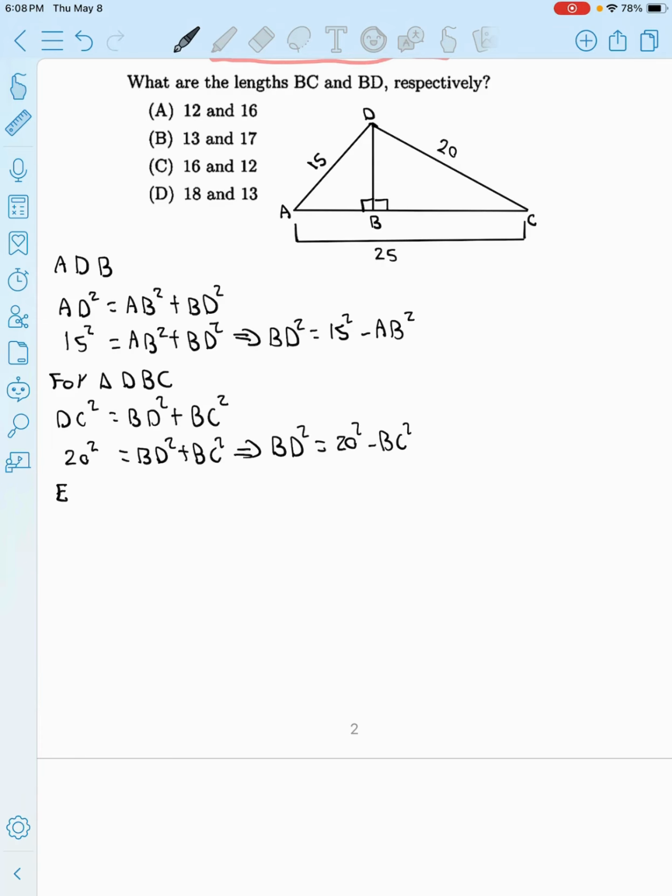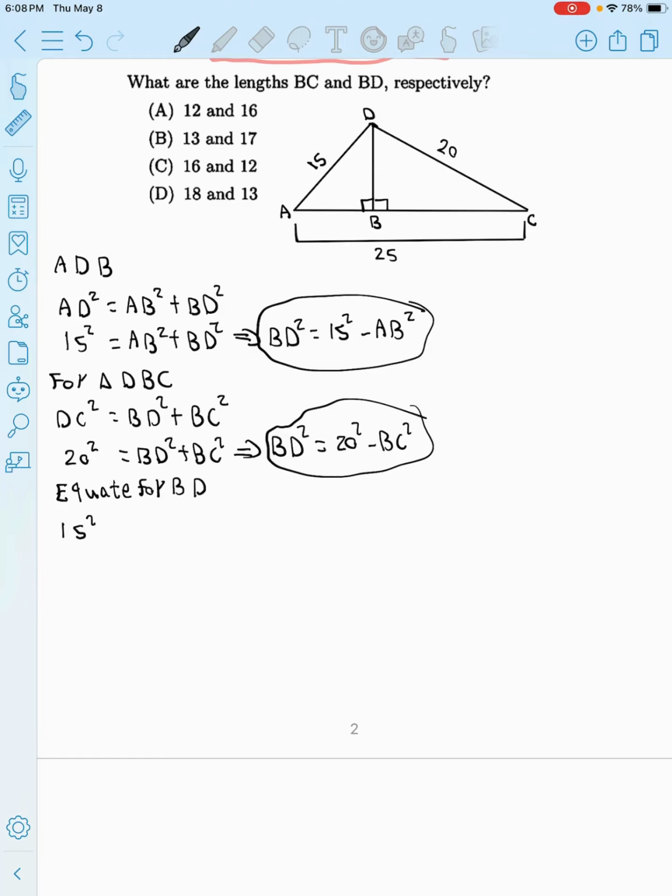And then equate for BD, which is basically this part equal to this part. So 15 squared minus AB squared equals 20 squared minus BC squared.